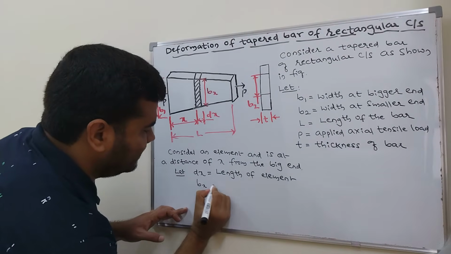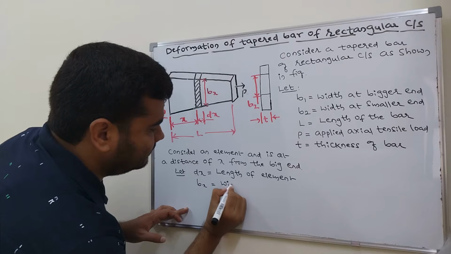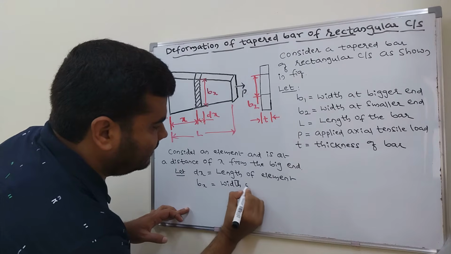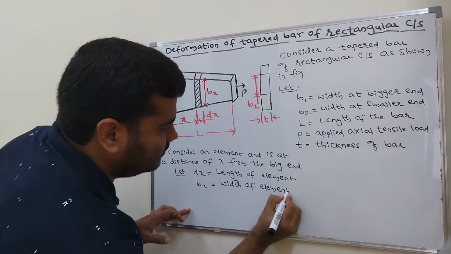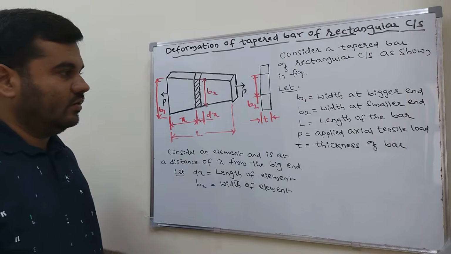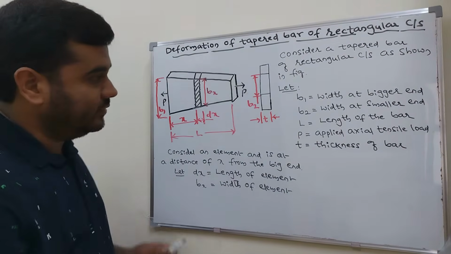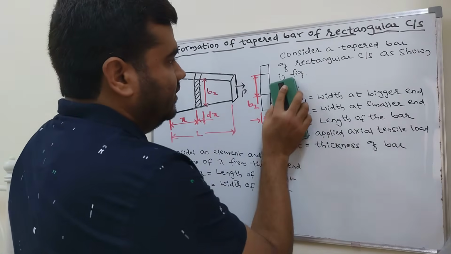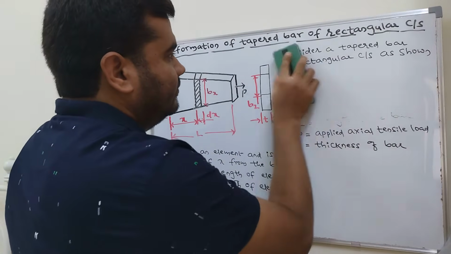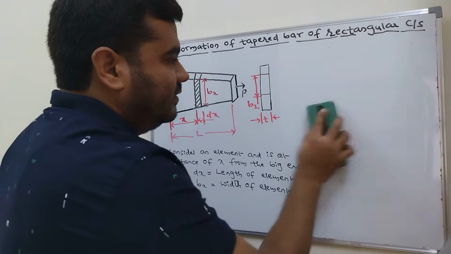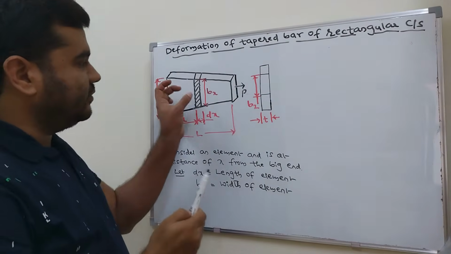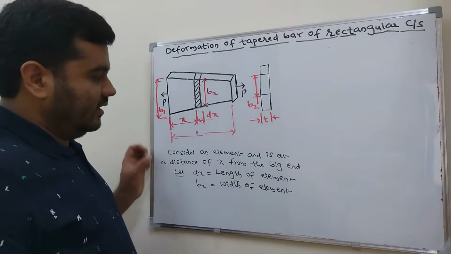B suffix x equal to the width of the element. Okay, these are all the data related to the given bar. Now we will derive the deformation with respect to this element first.